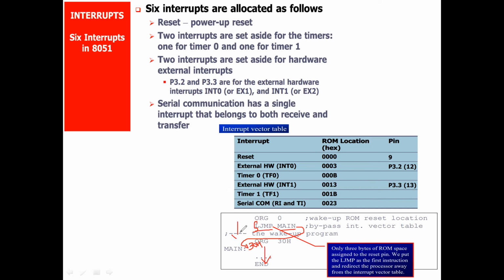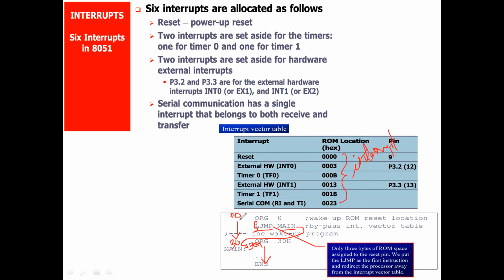The locations before 30H are especially for interrupts. Now you can understand why in the lab manual they have given ORG 00H, SJMP main or LJMP main. From the main label, you will start your programs.